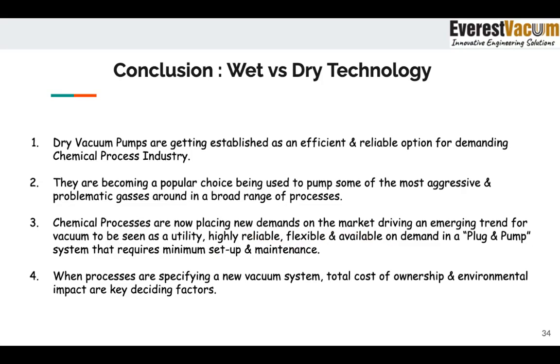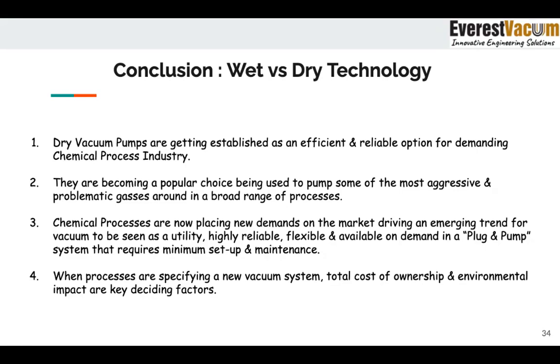15 years back, you had to buy a separate mechanical vacuum booster, a separate dry screw, a separate backup pump, a separate panel. It was just in the last 15 years that aggregators such as EverestVacuum came in, who started packaging the whole solution, offering the whole solution as a utility, plug and pump, requiring least maintenance, with properly sized vacuum systems.